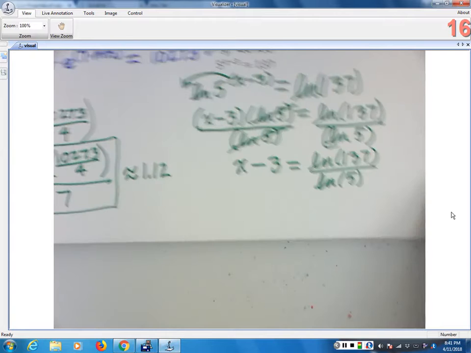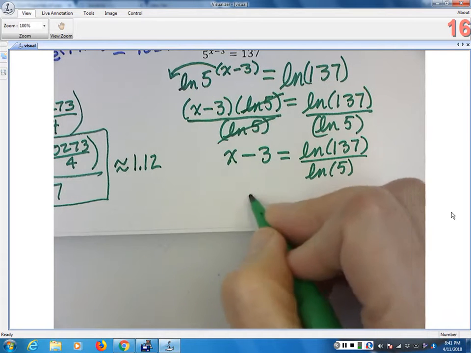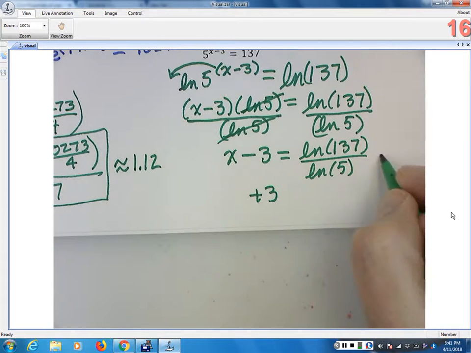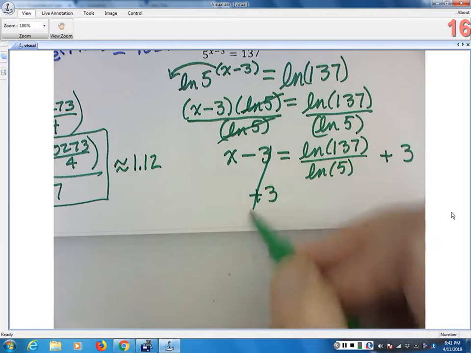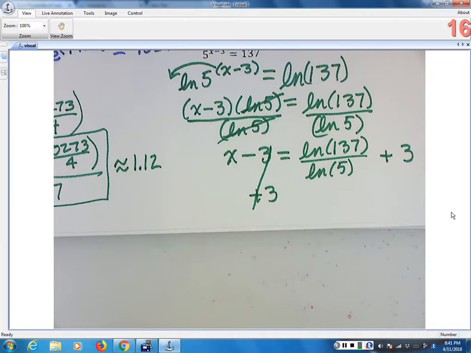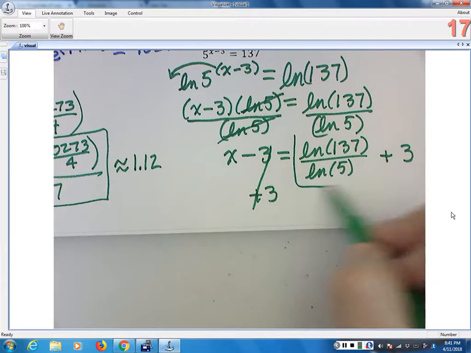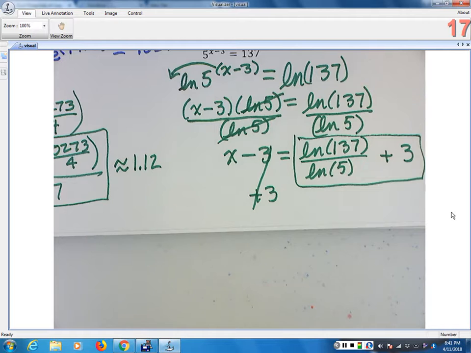And now we're just solving for x. We're going to add 3. Okay. So that's the answer in terms of natural logs.